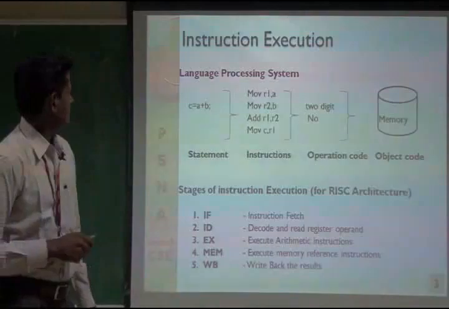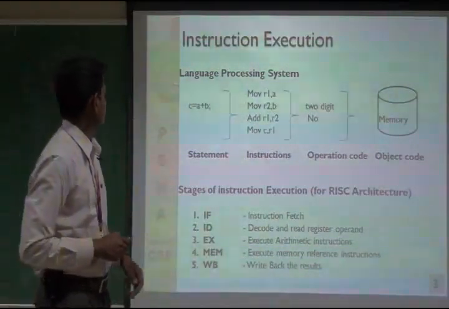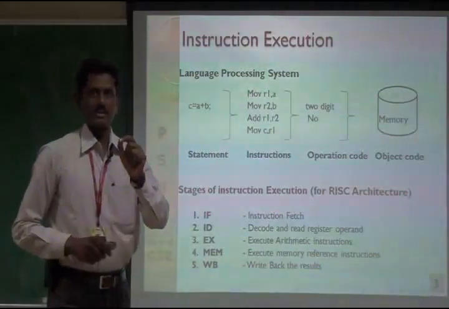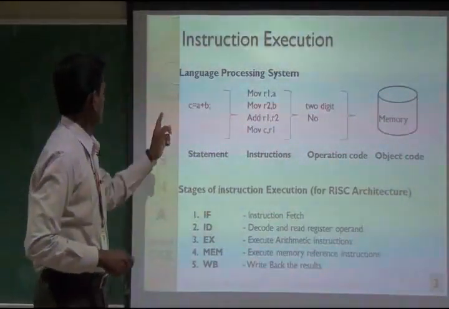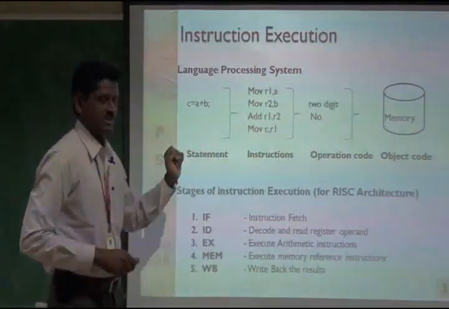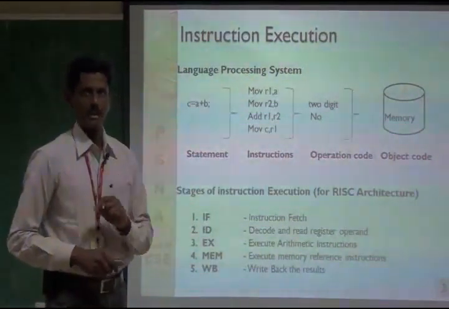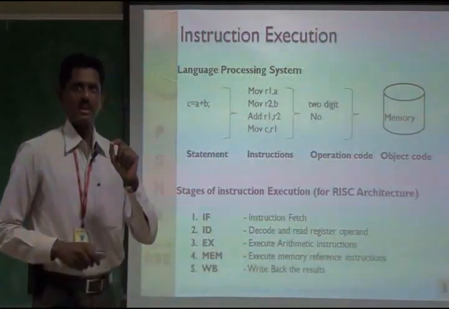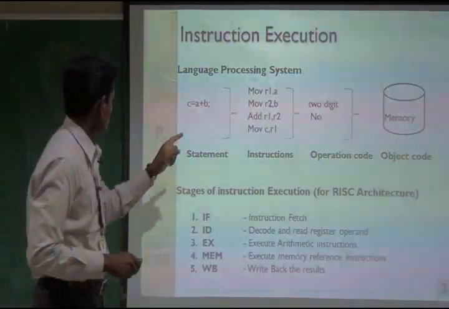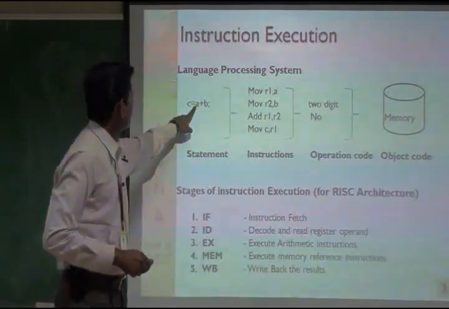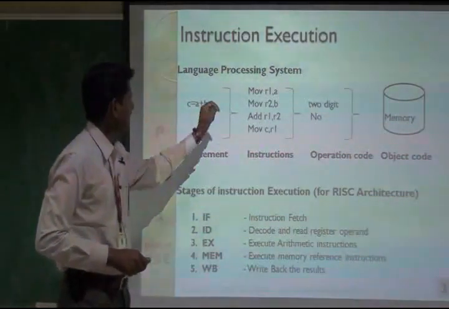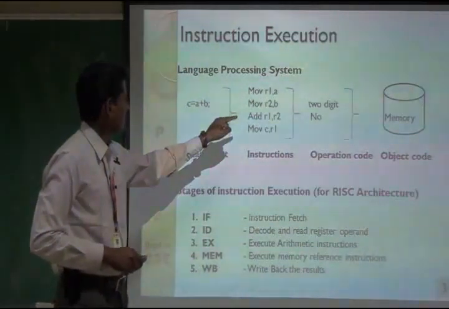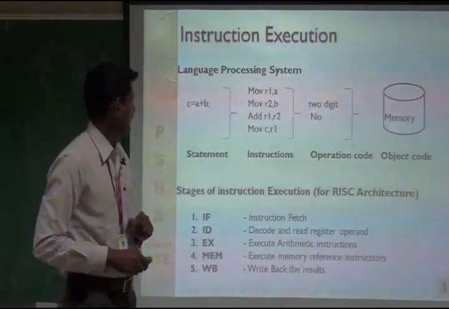Instruction execution, in a language processing system. C equal to A plus B is a high level language statement that is converted to instructions by the compiler. The processor only works with registers, so in the instructions, the variable A is moved to a register R1 and the variable B is moved to the register R2.